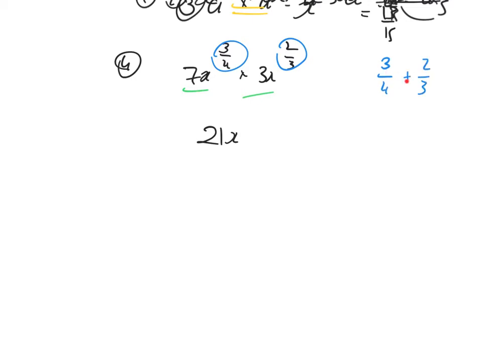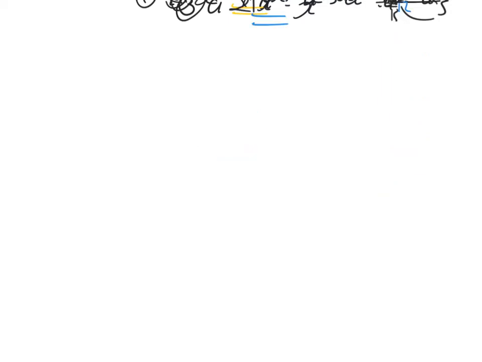Kiss and smile again. So 3 times 3 is 9, plus 2 times 4 is 8, over 3 times 4 is 12, 9 plus 8 is 17, 17/12, 21x to the 17/12.